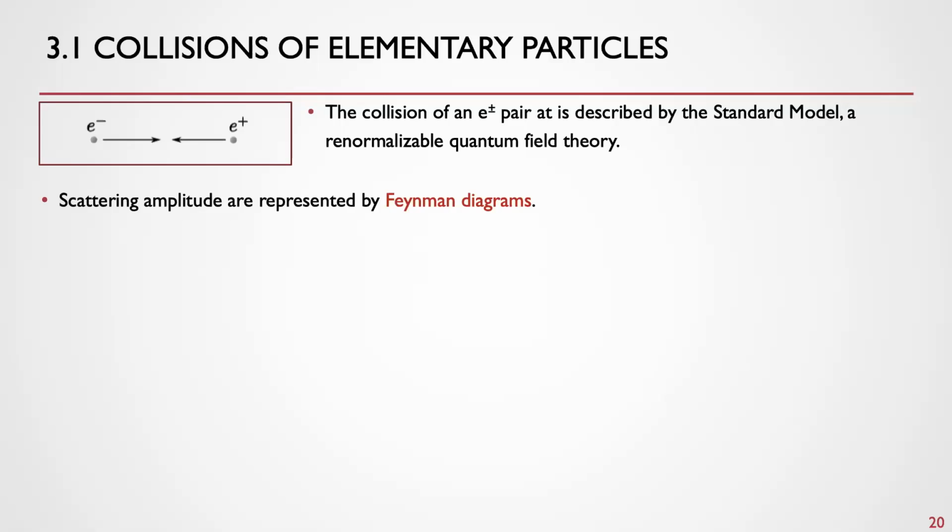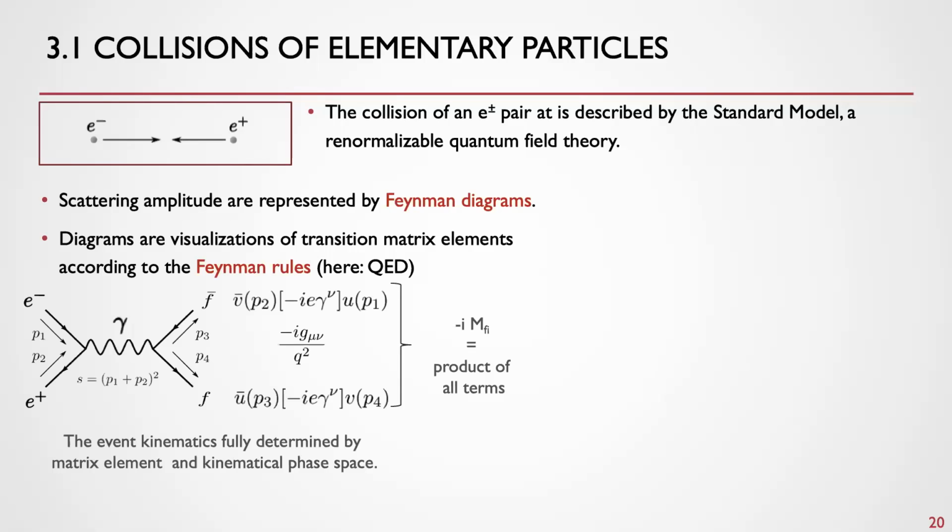So the scattering amplitudes of reactions of elementary particles are represented by so-called Feynman diagrams. This is perturbation theory in a very similar sense as you've learned it in quantum mechanics. In quantum mechanics, one has an interaction Hamiltonian that transforms an initial state into a final state. The Feynman diagram can be seen very similarly.